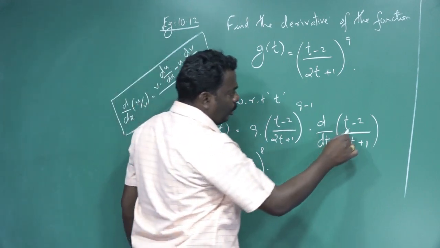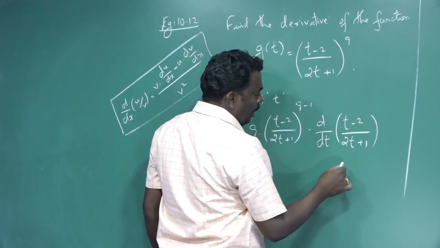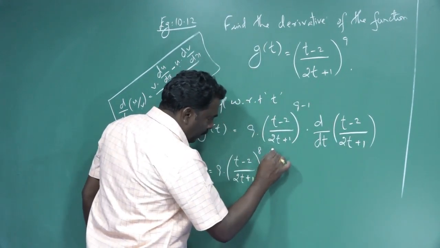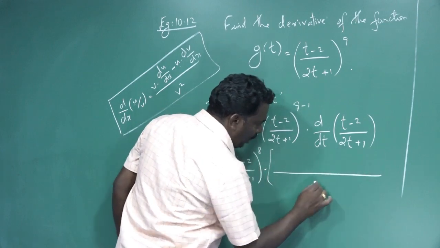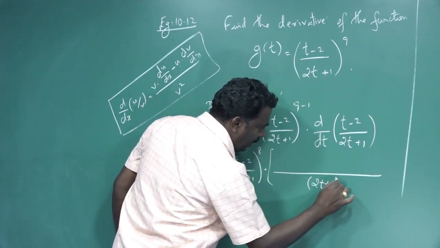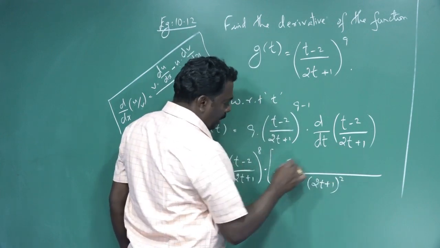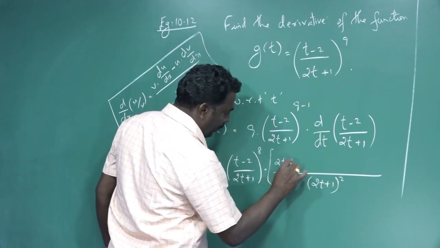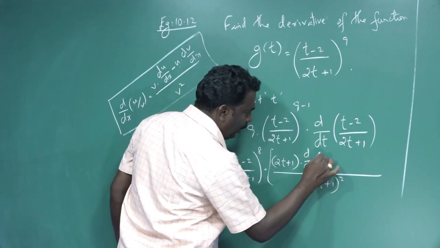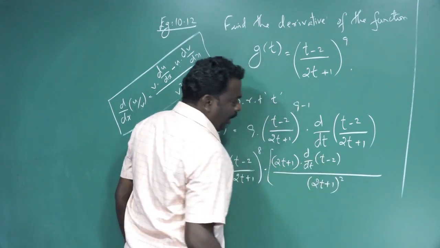Now here u is t minus 2 and v is 2t plus 1. Now differentiate. The denominator is 2t plus 1, that is v square. Now again keep v, 2t plus 1, and differentiate with respect to t the numerator t minus 2.